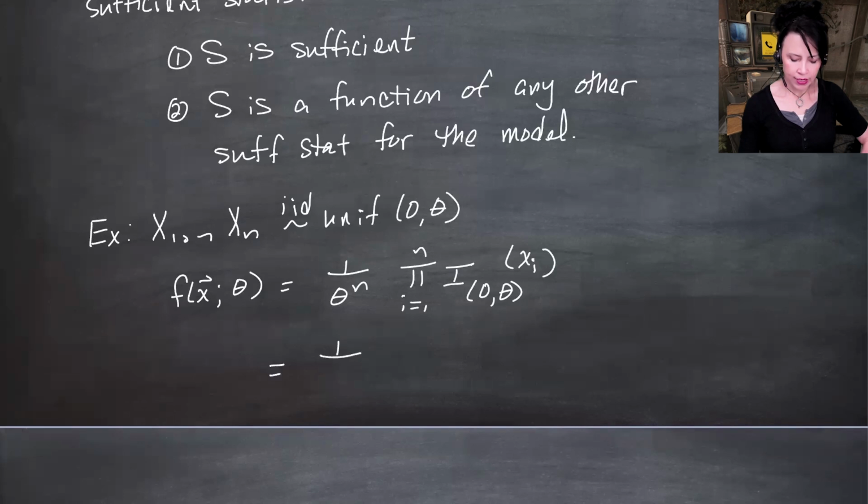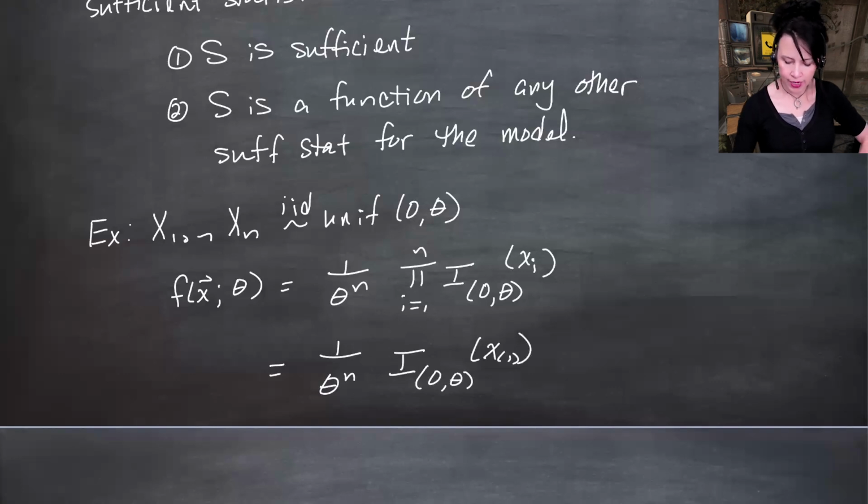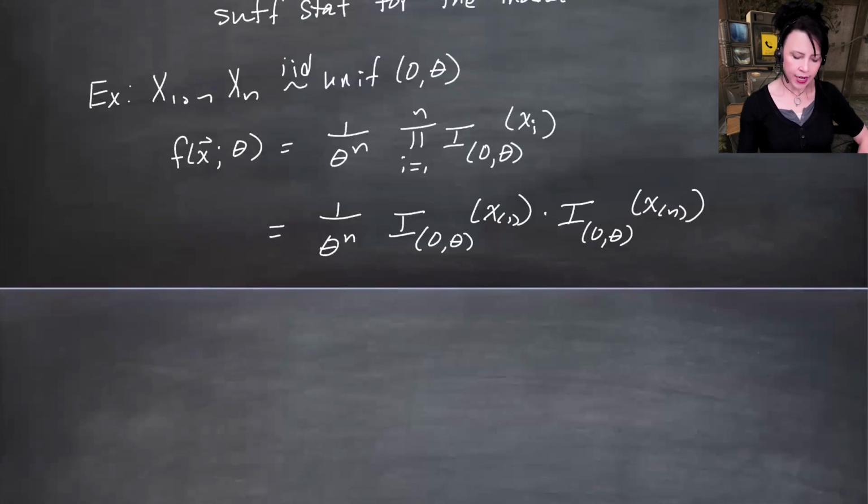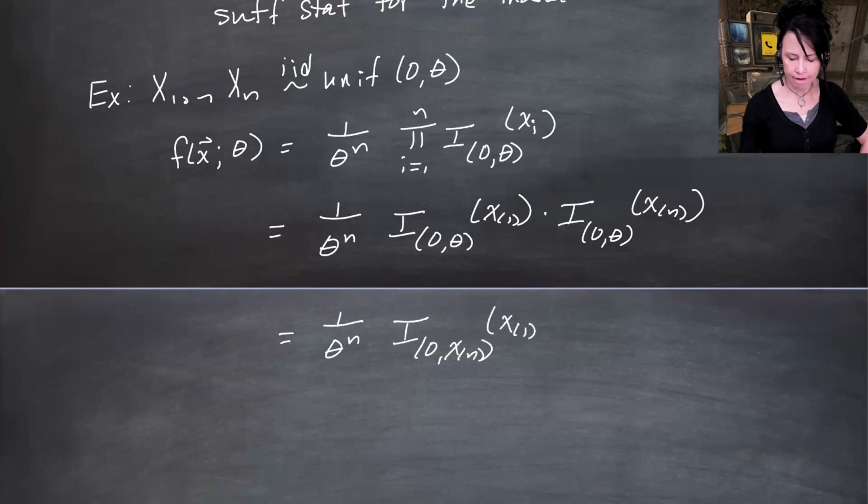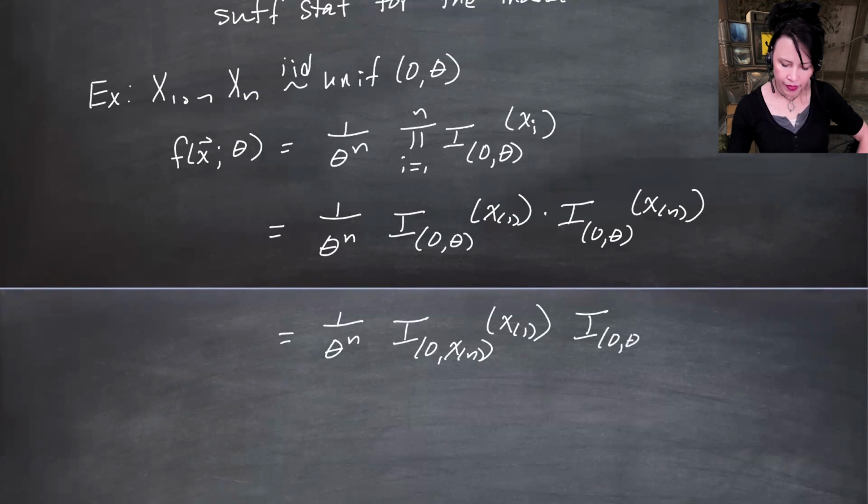We rewrote this a couple of ways. One is the product that says that the min and the max are both between 0 and theta. And then finally, one with just the maximum. We put the minimum between 0 and the maximum. So that depends only on the x's, and the maximum between 0 and theta.